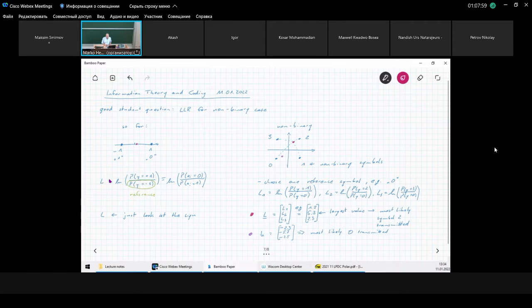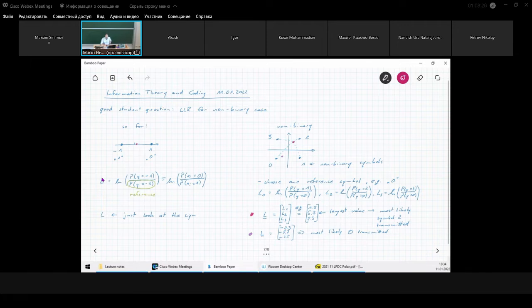So a log likelihood ratio around 0, maybe plus 0.01. You would do your thresholding and say, okay, the sign is plus, probably a +1 was transmitted. But due to the small value of the log likelihood ratio, you could still conclude it's a very unsafe decision.